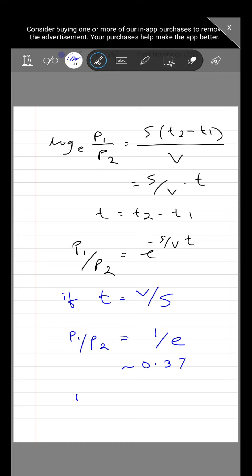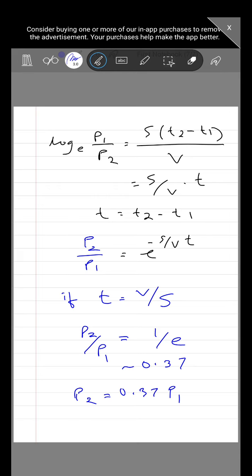Sorry, it should be P2 by P1. So P2 is equal to 0.37 P1.